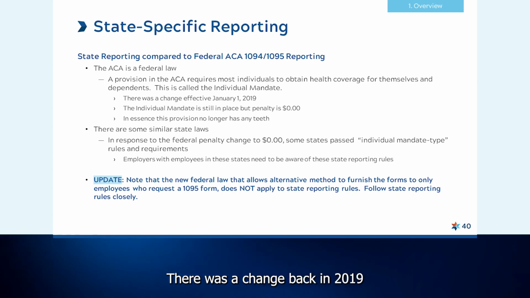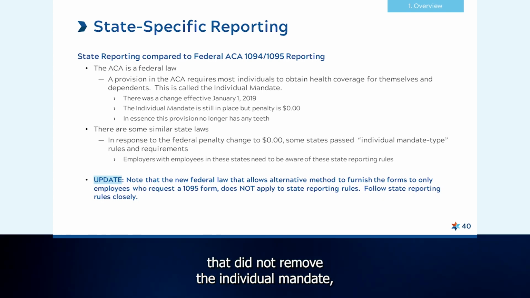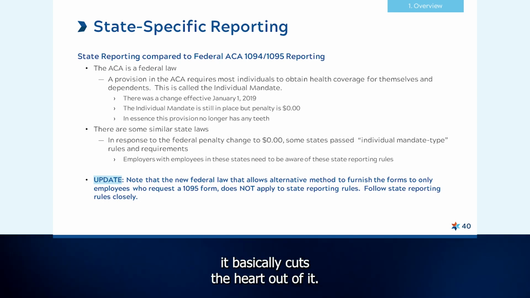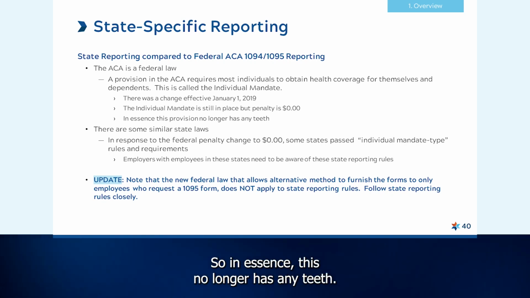There was a change back in 2019 that did not remove the individual mandate, but it changed the penalty to 0, which basically cuts the heart out of it, right? So in essence, this no longer has any teeth.